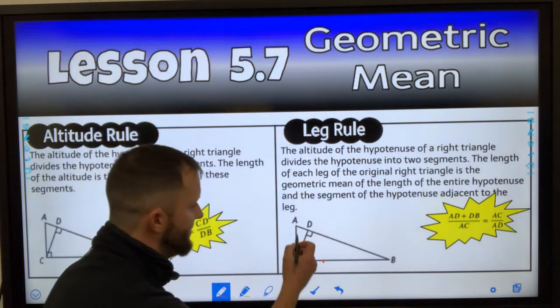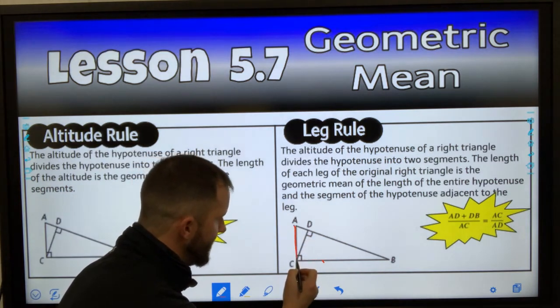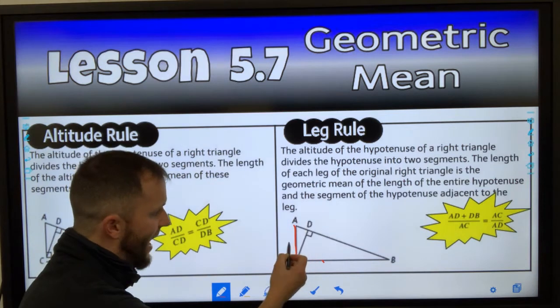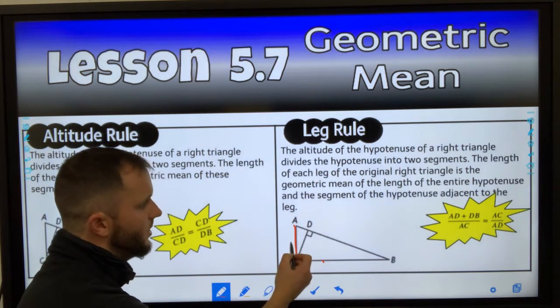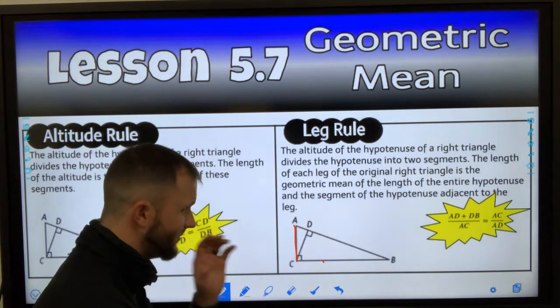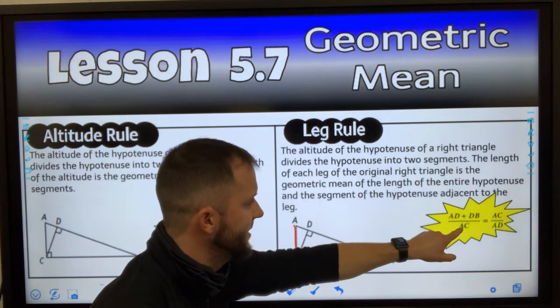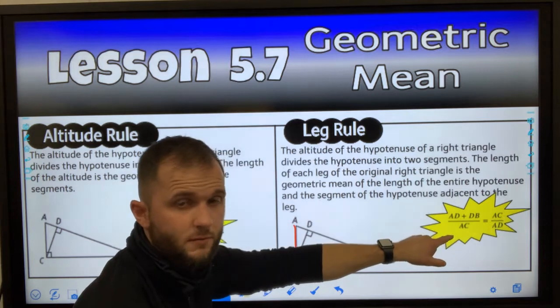Right now, if I wanted to find this leg, AC, I would take the hypotenuse of my big triangle and the hypotenuse of my smaller triangle, which would go over each other.